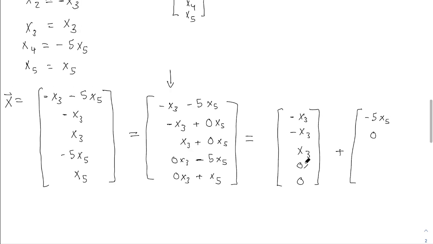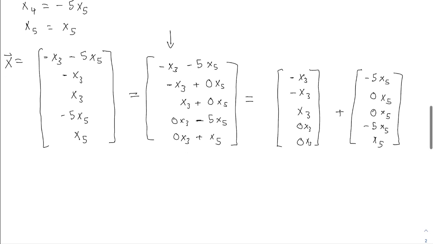I guess I should write out what the 0 is multiplying. We're going to see that there is 0x5 in the third row, there are negative 5x5s in the fourth row, and there are 1x5s in the last row, right?